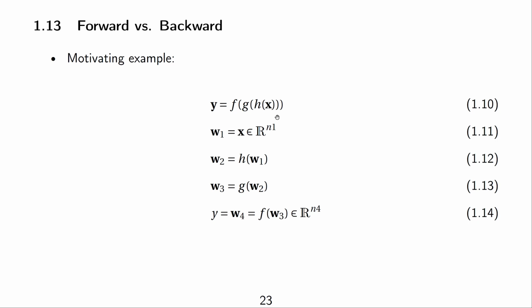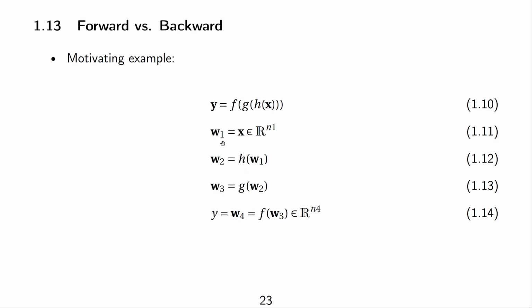So we can also call x as w1, and then with this notation we'll have a consistent naming scheme when we also call y w4. So we'll just use these two naming schemes interchangeably in the following.